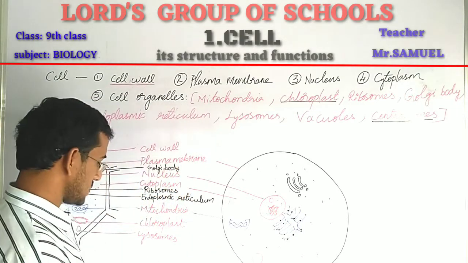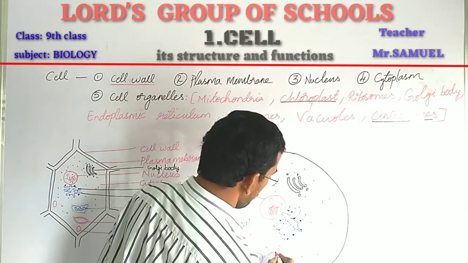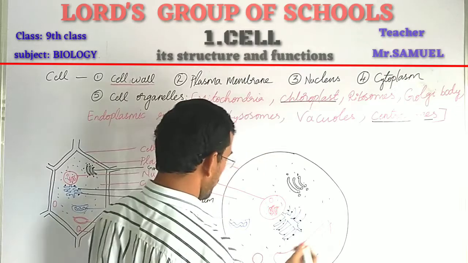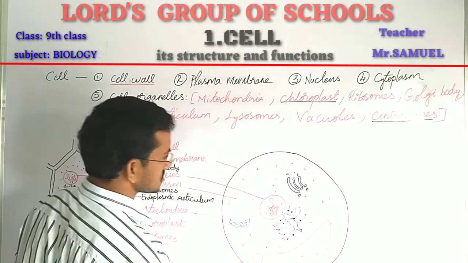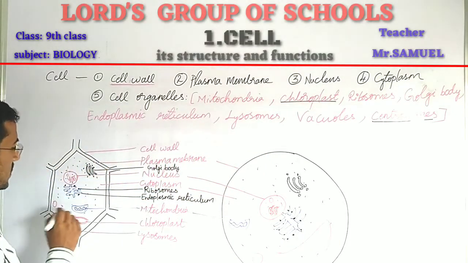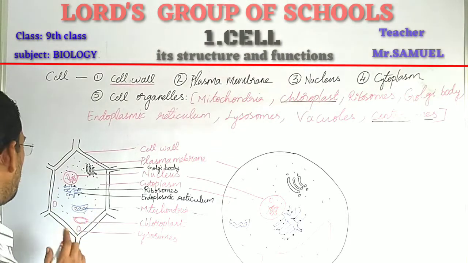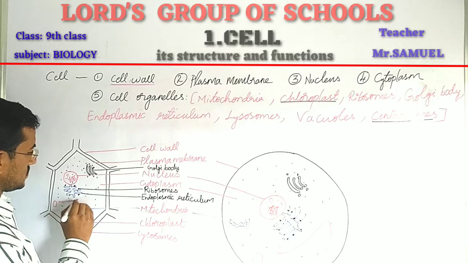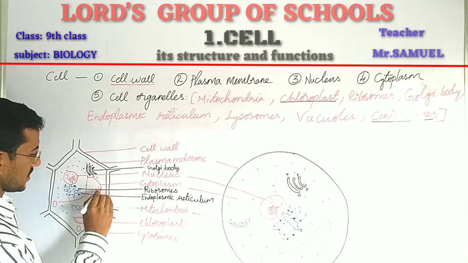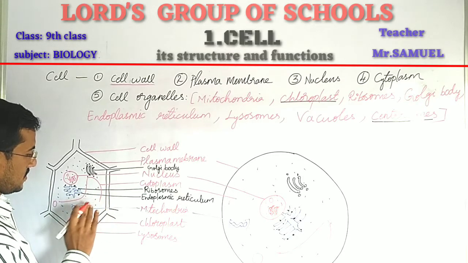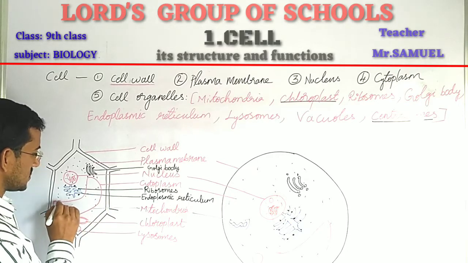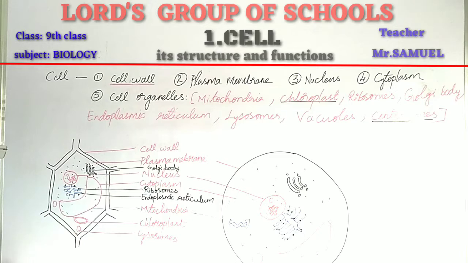Vacuoles are present in the peripheral region in case of animal cell. So this structure is vacuole. But in case of plant cell, these are present in the center. So this vacuole is very big. So this vacuole is present in the center in case of plant cell.